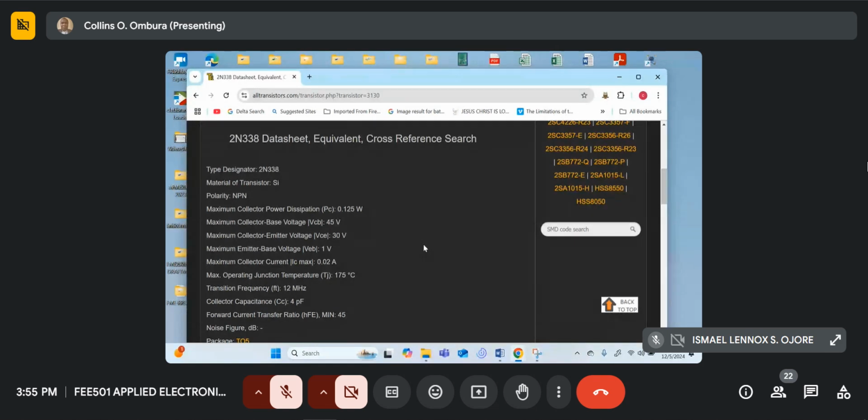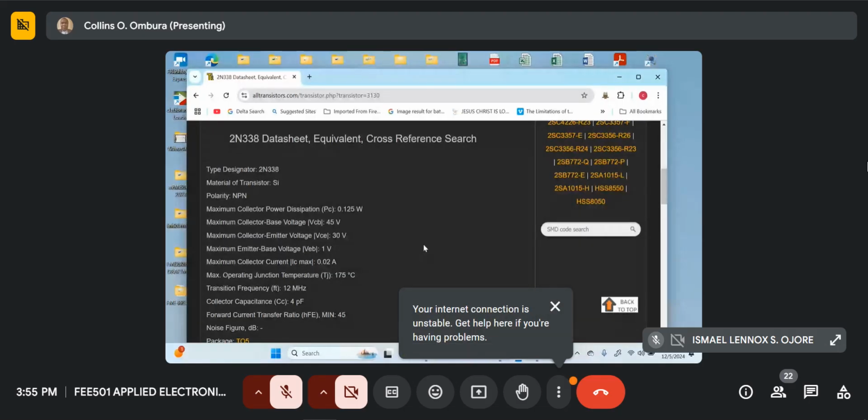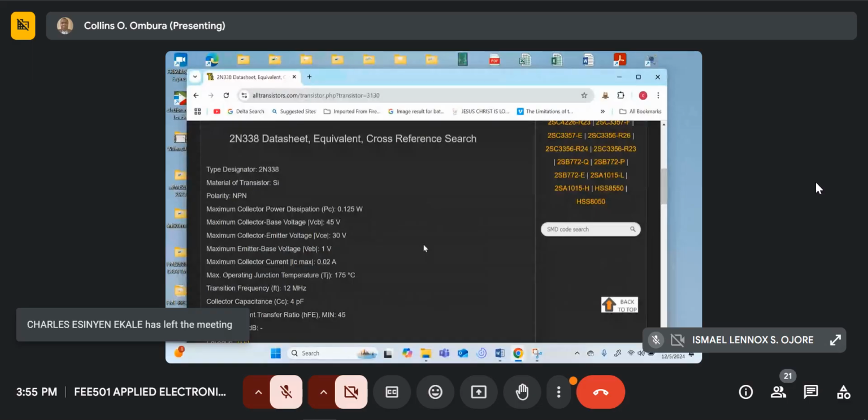So VCE max is 30 volts. Maximum collector current is only 20 milliamps. HFE is 45. I think that's all the data that we need. The power dissipation maximum is 0.125 watts or 125 milliwatts. Okay, so let's go back to our class.